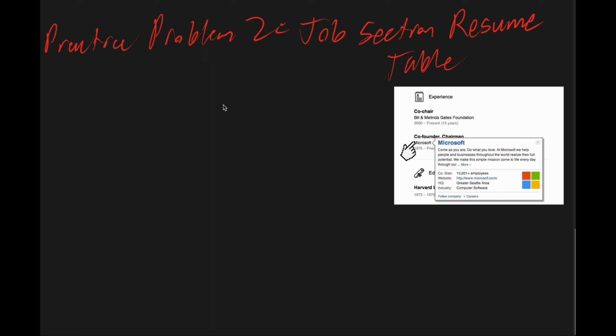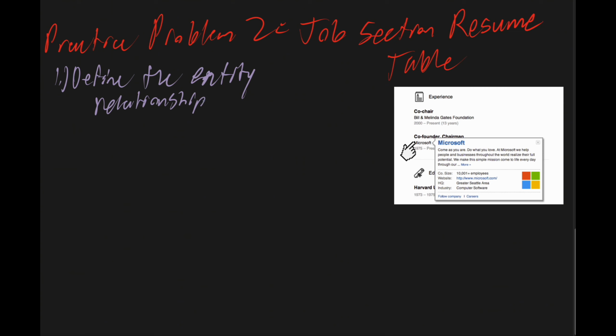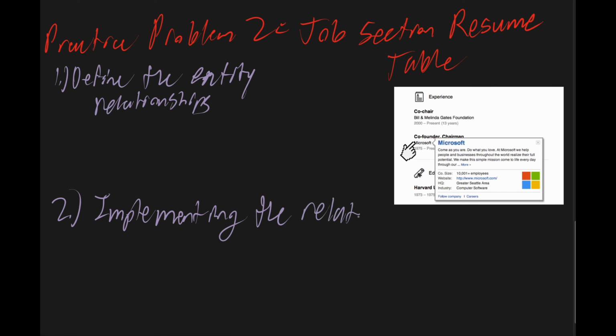And what we need to really do, as usual, we need to ask ourselves exactly, we need to, one, define the entity relationships, and the second being implementing the relationships.